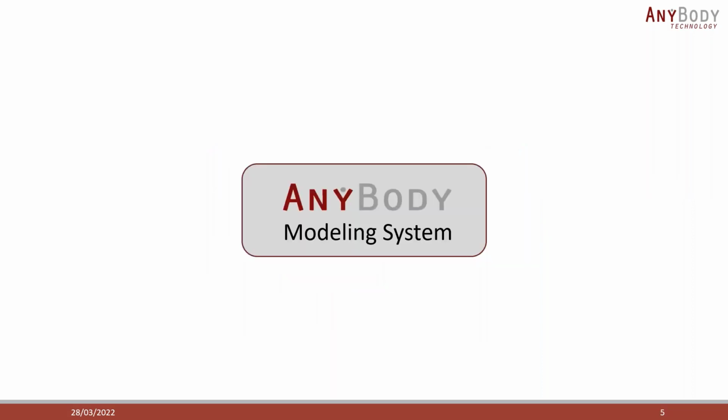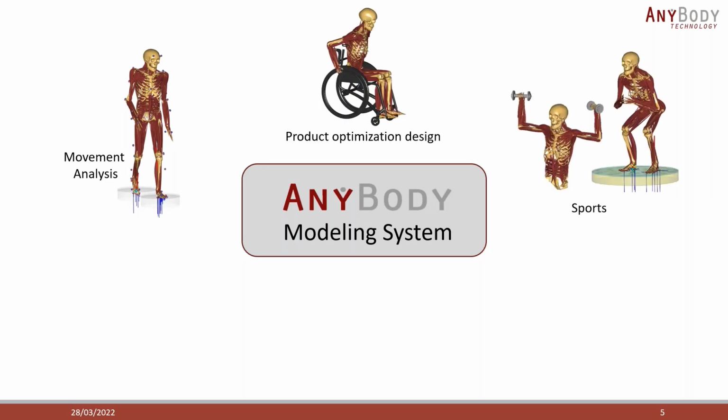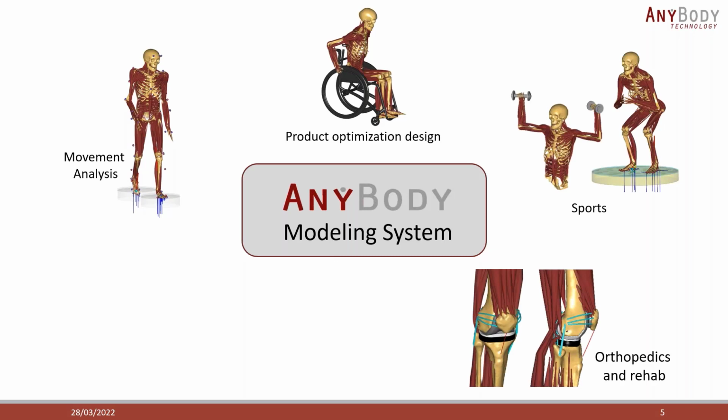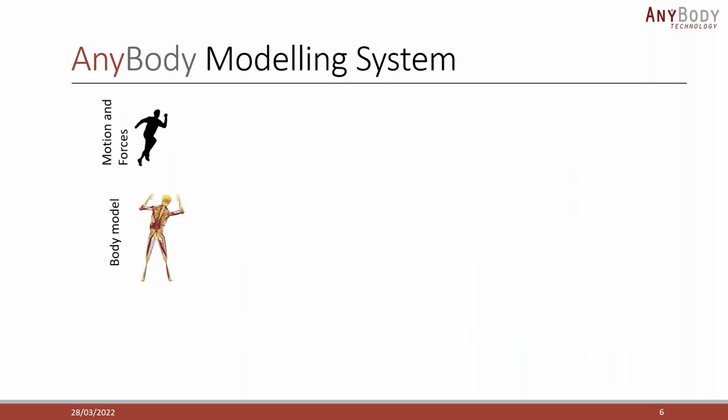Today, Anybody is used in a wide variety of areas and applications. A few examples of this are movement analysis, product design optimization, the field of sports optimization, orthopedics and rehabilitation, and assistive devices such as exoskeletons. The typical workflow in Anybody could look something like this.